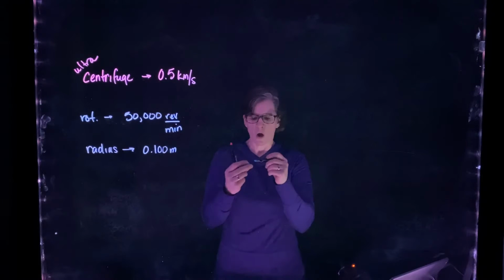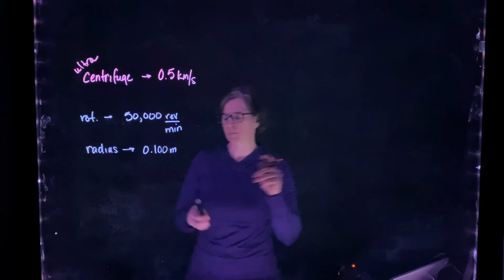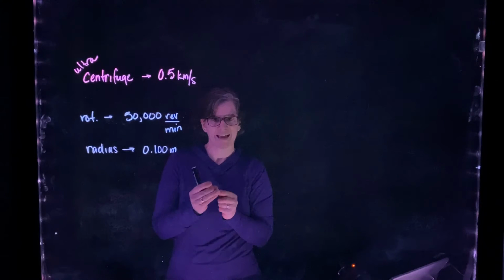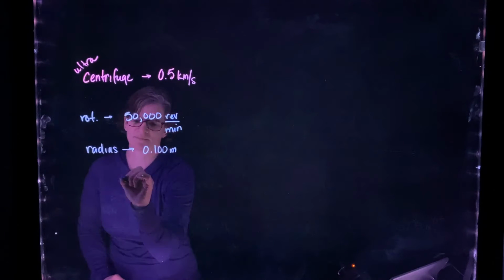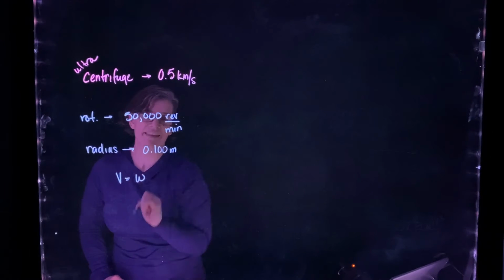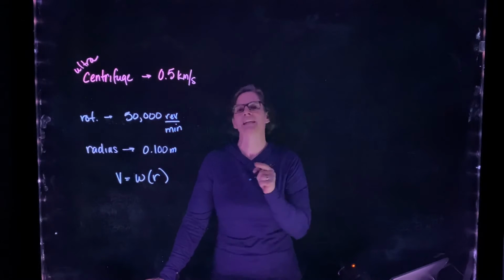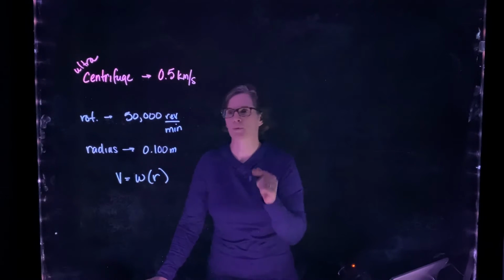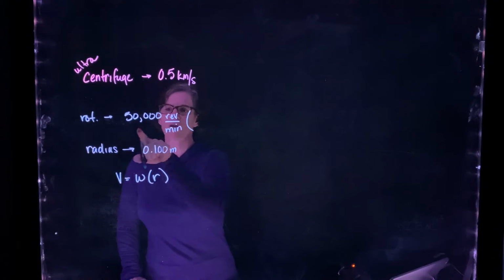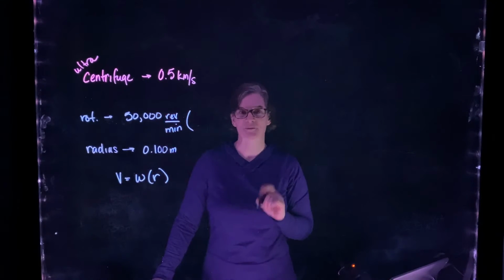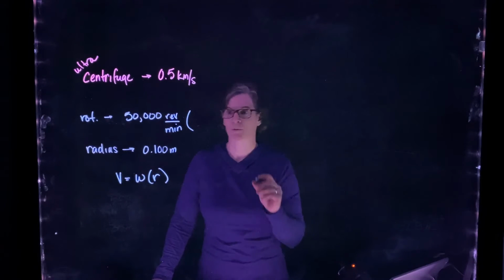All right, we know that the linear speed at that radius is equal to omega, the angular speed, times the radius. But that angular speed has to be in radians per second. So let's turn our rotational speed of 50,000 revolutions per minute to radians per second.